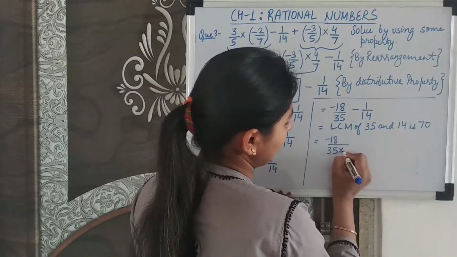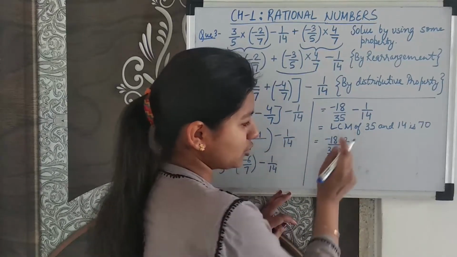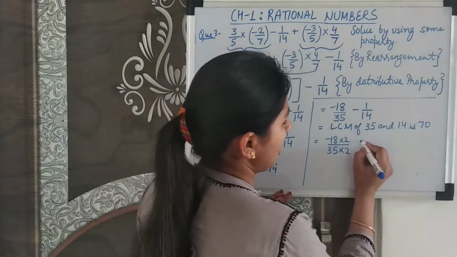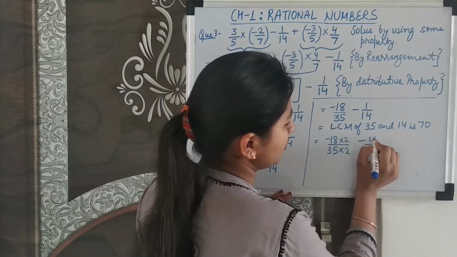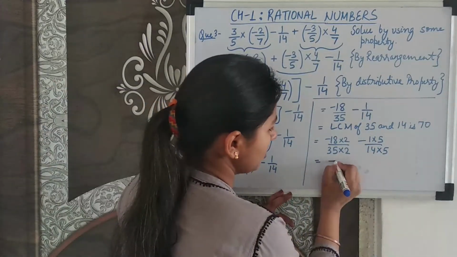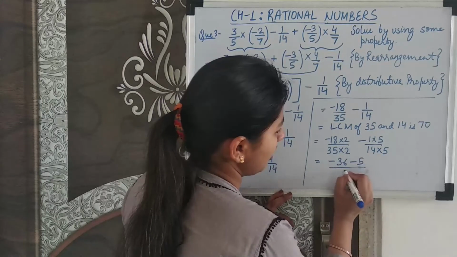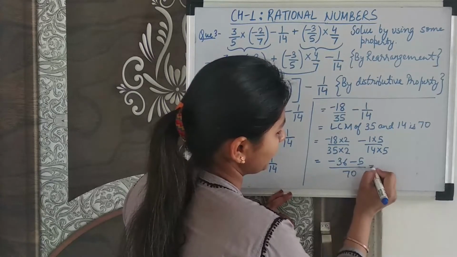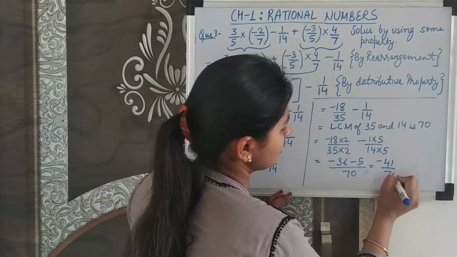To make it 70, I will multiply it by 2. So numerator should also multiply by 2. And for this, 14 should be multiplied with 5. So 1 should also be multiplied with 5. So this will be minus 36 minus 5 upon 70, minus 41 upon 70.